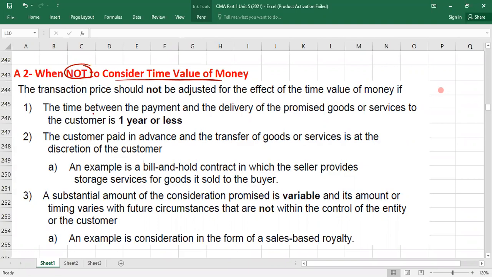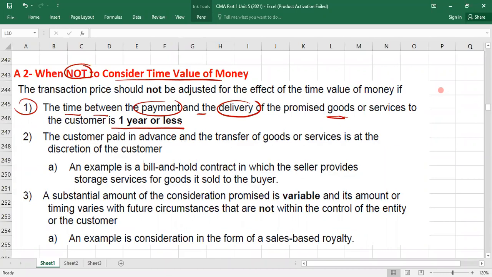Number 1: the time between payments, payment meaning the cash receipts, and the delivery of the goods to the customer is 1 year, or exactly 1 year or less. You do not need to calculate any present values. You do not need to show any interest expense and interest income.